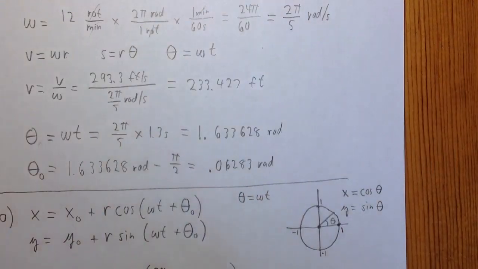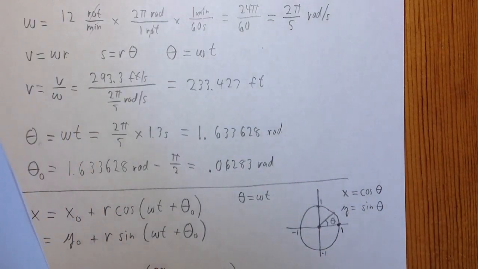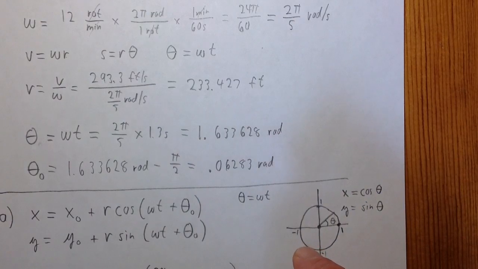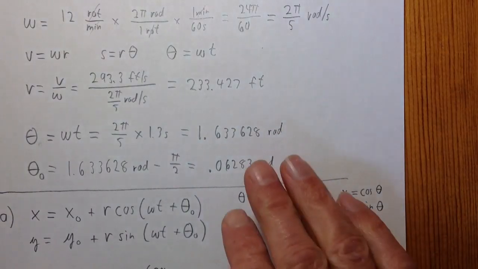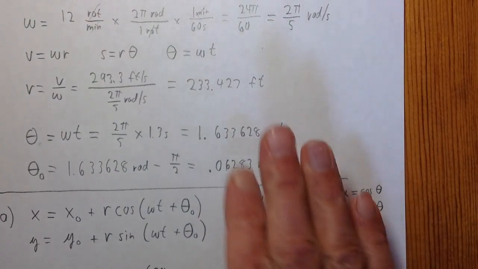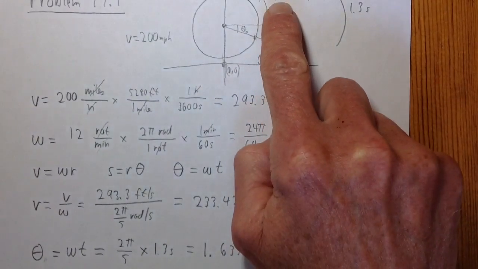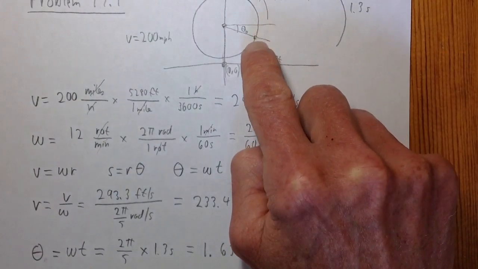Okay, now they want to know after 6 seconds. Well, we already figured out that she goes around at 12 RPMs, so every 5 seconds she goes around the circle, 12 times a minute, which is once every 5 seconds.